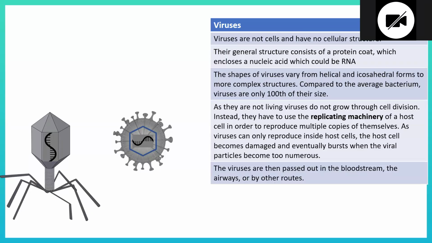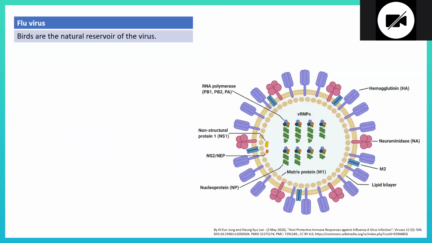And then they can get into the bloodstream and infect other cells. But they can't reproduce and grow on their own, so they quite often don't survive very well outside of the body. That's not all viruses, but quite often viruses don't survive well on surfaces, for example. Not particularly true of COVID, however, and some other viruses.